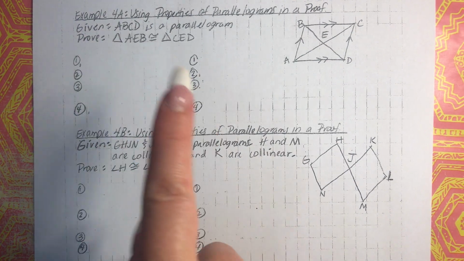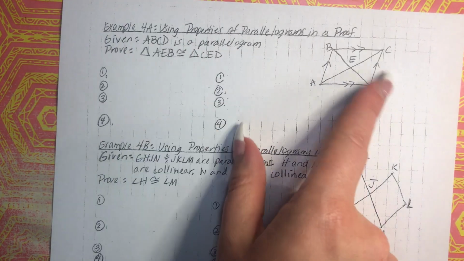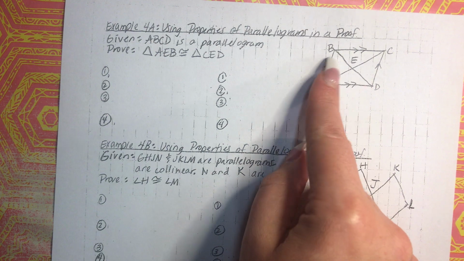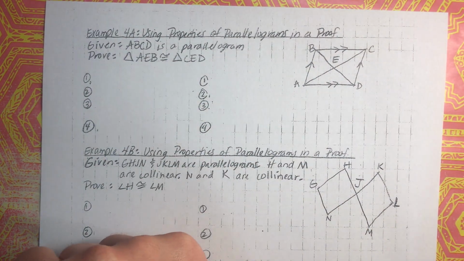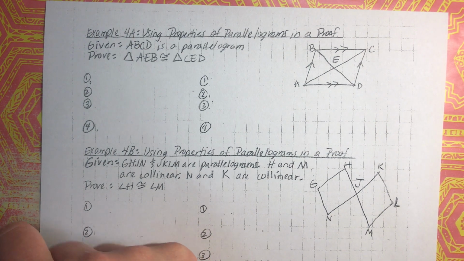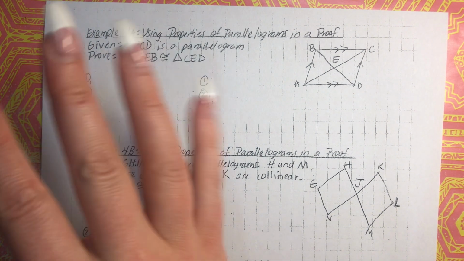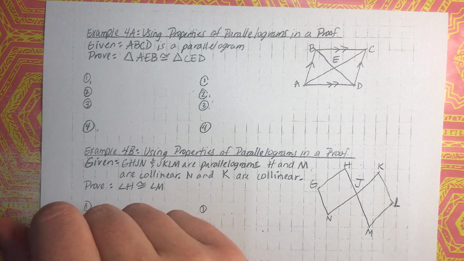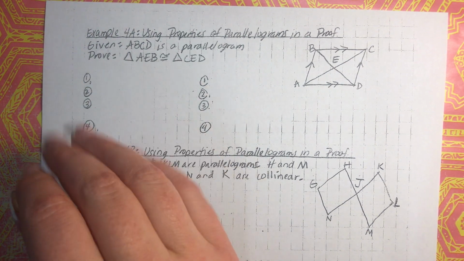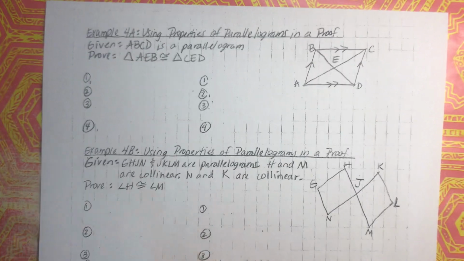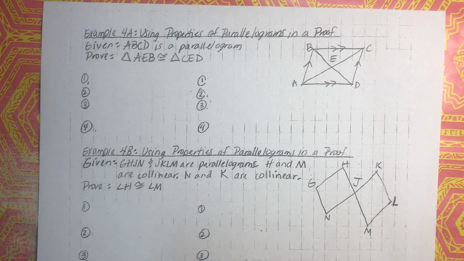So we're going to use the properties of a parallelogram to come up with 3 cheat rules to say that these triangles are congruent. Super fun. So remember all the cheat rules, right? Side-side-side, side-angle-side, angle-side-angle, angle-angle-side, and HL. So I wonder which one we're going to use.